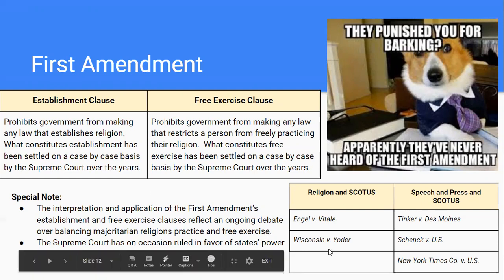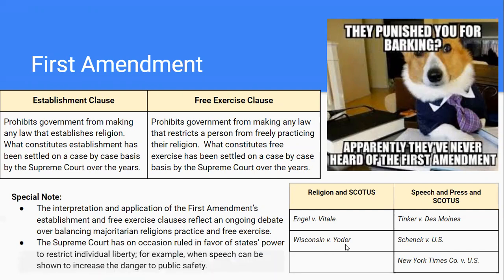Wisconsin versus Yoder, this was the Mennonite and the Amish community. Wisconsin state law required formal education till the age of 16. It was standard practice for Amish and Mennonite to remove their children after the 8th grade, 14 years old. So you have a state law conflicting with a religion.